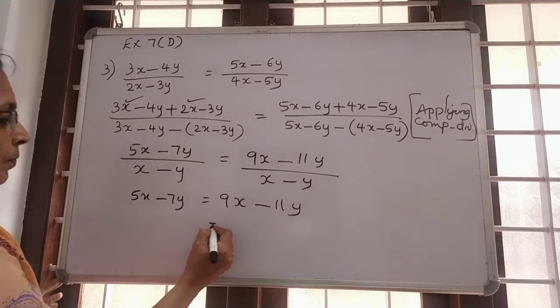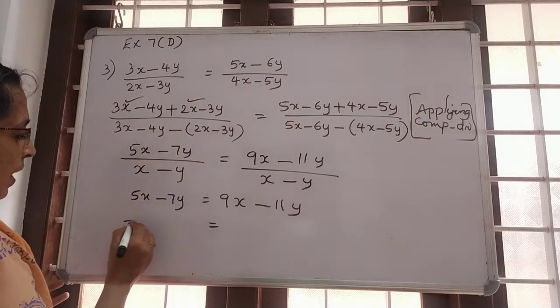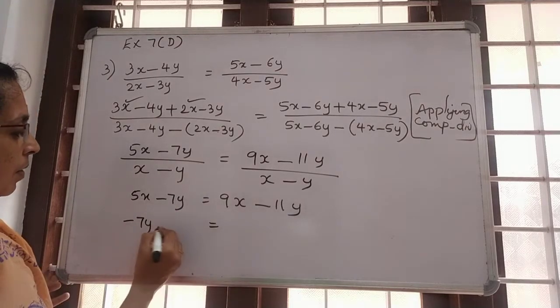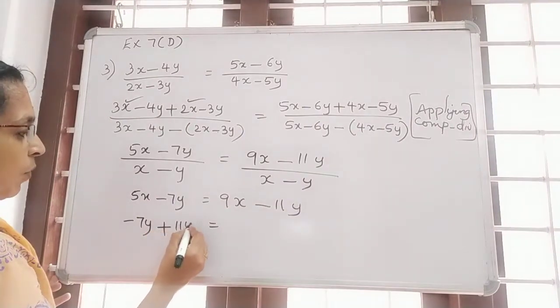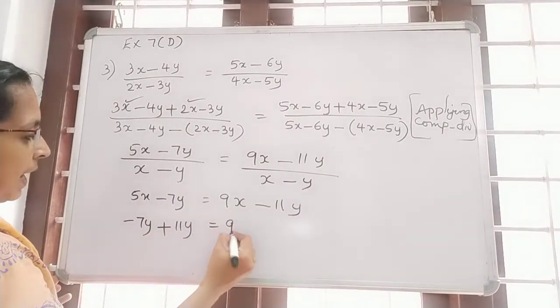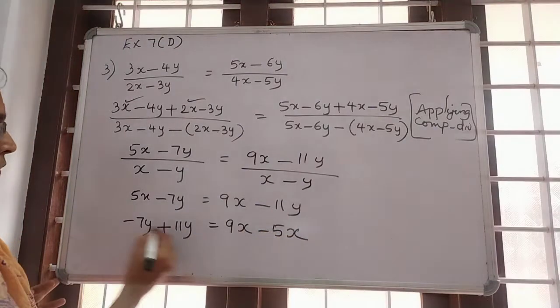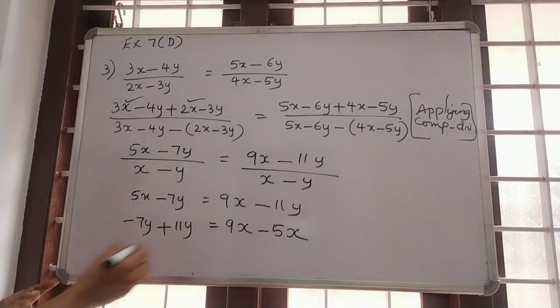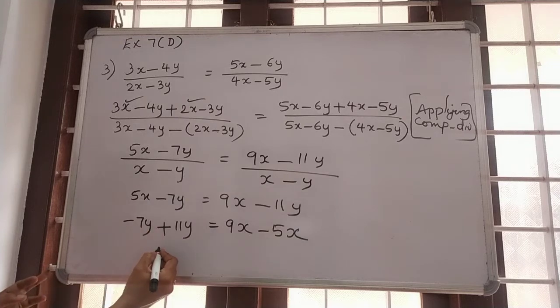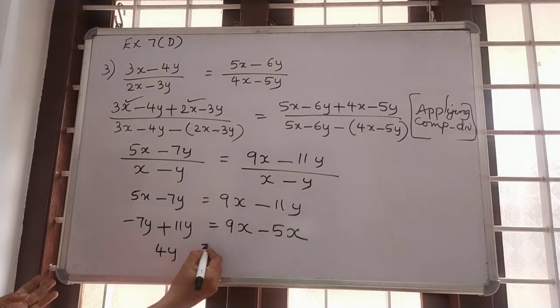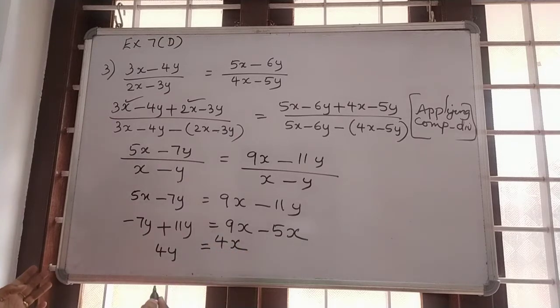So here, negative 7y plus 11y is equal to 9x minus 5x. So it is what? 11y and 7y, positive 4y is equal to 4x. We want to find out x by y.